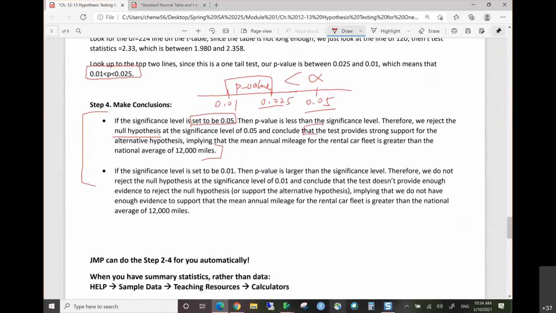We conclude that the test provides strong support for the alternative hypothesis, which means the mean annual mileage for the rental car fleet is greater than 12,000 miles. You can even skip whether you will reject the null hypothesis or not, but you always need to make the conclusion about your claim.